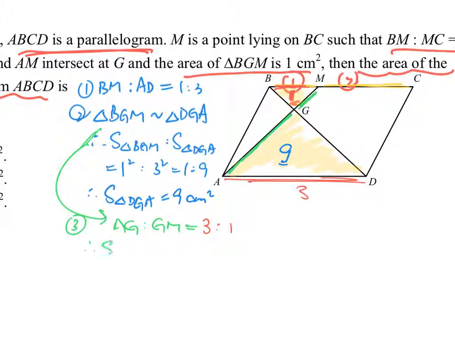So as a result, S triangle ABG to S triangle BGM is equal to 3 to 1 as well. And once again, as I have known that the area of BGM is 1, S triangle ABG is equal to 3 cm squared. So then we finish the second part.